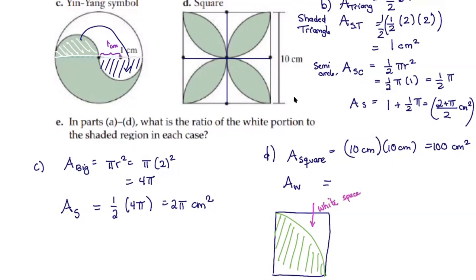And if I can find the area of one white space, I can find the area of all of them. I have a total of 1, 2, 3, 4, 5, 6, 7, and 8 white spaces.